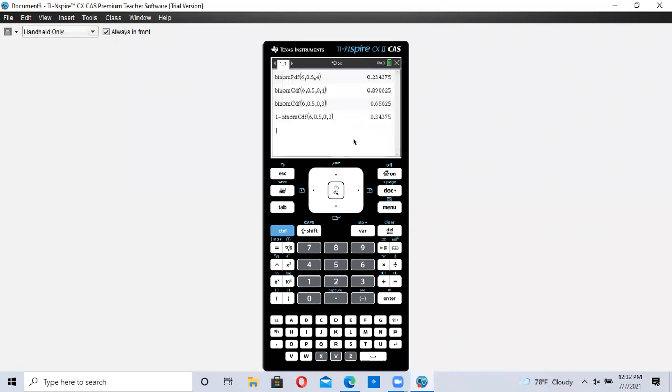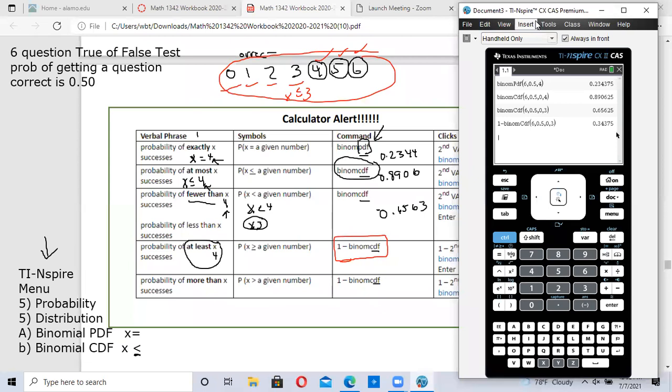When I hit OK, it does the work for us. 0.3438. So the probability for this one is 0.3438.